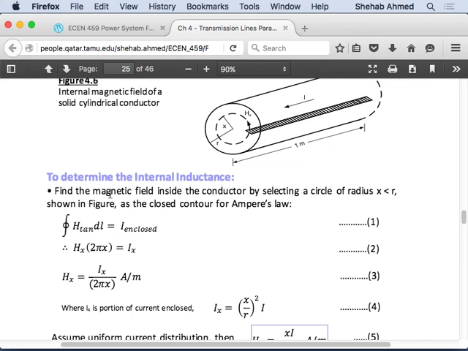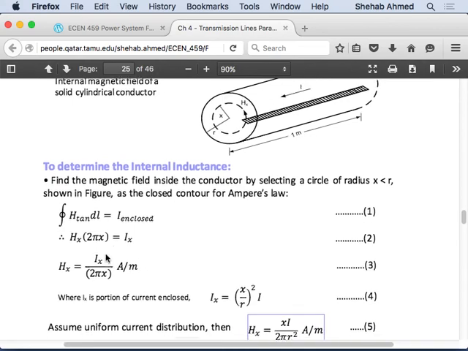So that's why we split it into two, to determine the internal inductance, because the magnetic field strength will vary and the I enclosed will vary internally. Once you go outside, the I enclosed is equal to I, so we will do inside and then outside.